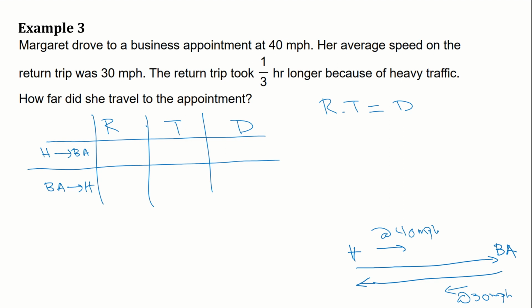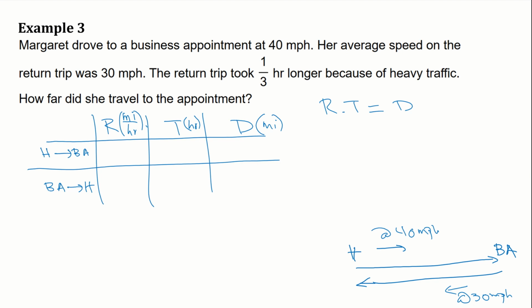We know that when she was going from home to the business appointment, she was going at 40 miles per hour. One thing we can do is in our table heading, we can put the units, miles per hour. The time is going to be in hours, and the distance is obviously going to be in miles, right? So that we don't have to keep writing the units in every box, okay?